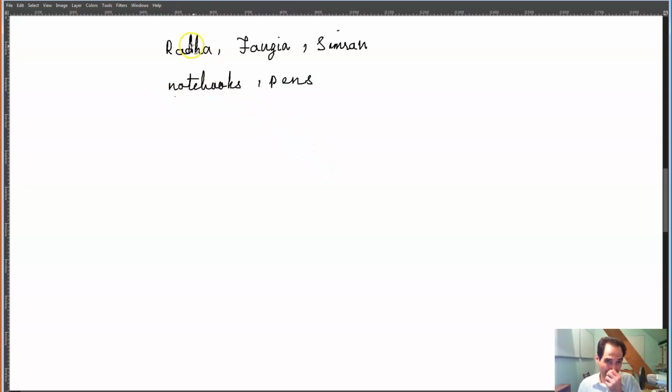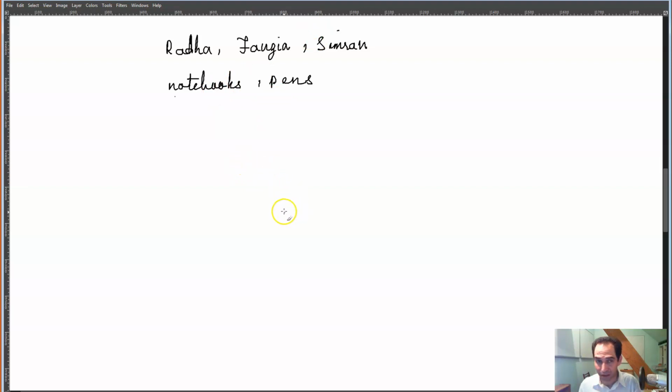So Radha has a number of notebooks, she has a number of pens. Fazia, I don't really know if that's a masculine or a feminine name. So Fazia has some notebooks, some pens, and Simran has some notebooks and some pens.